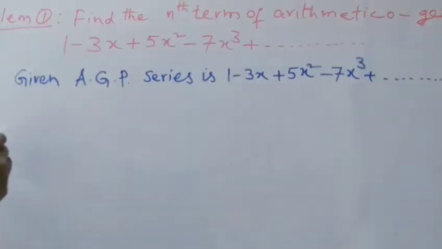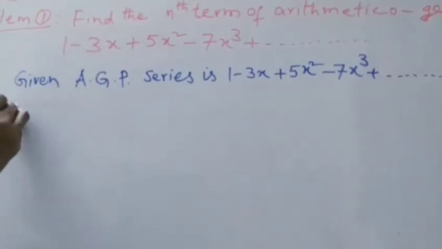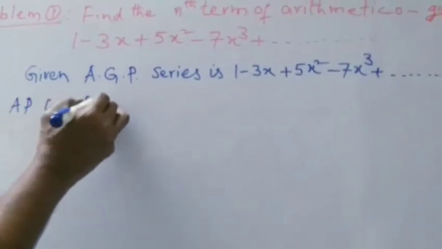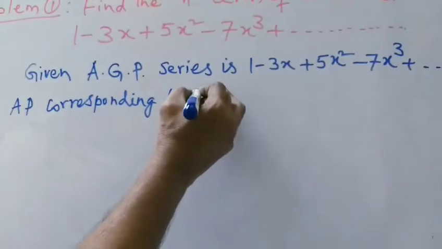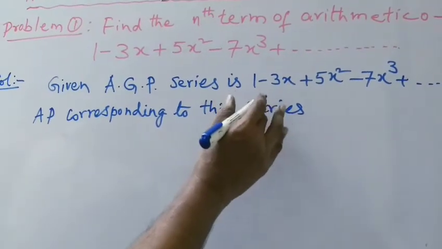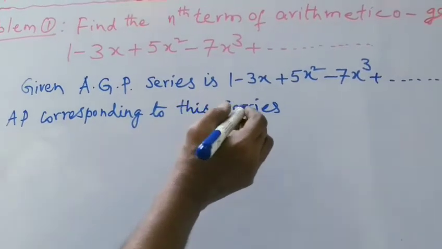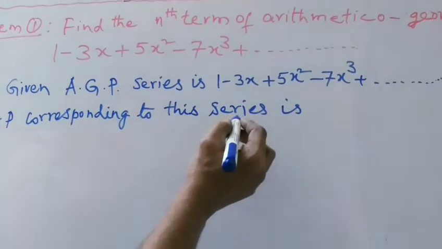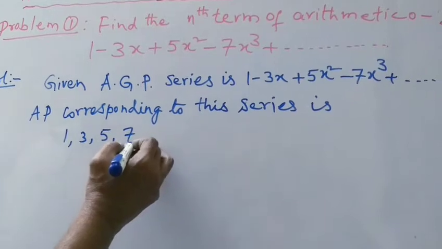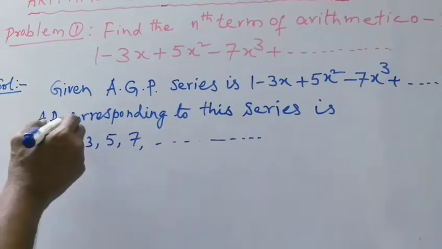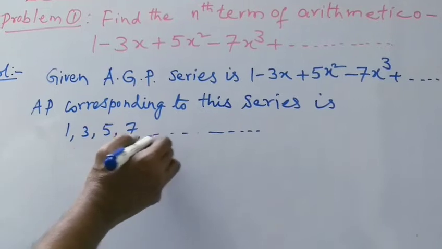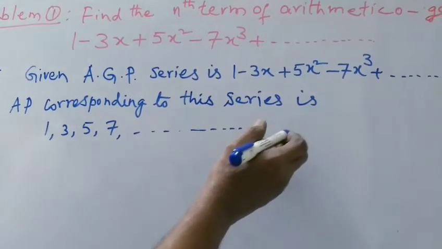In this, the arithmetic progression corresponding to this series is 1, 3, 5, 7, and so on up to infinity.